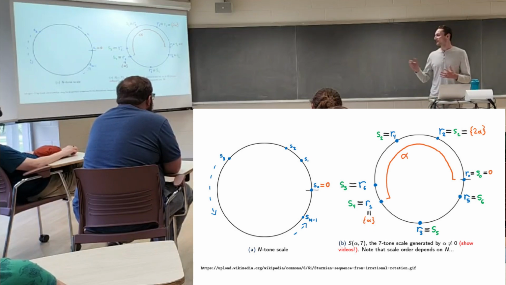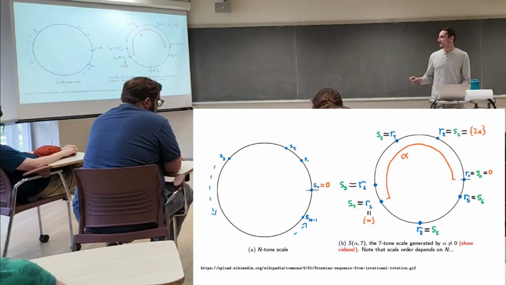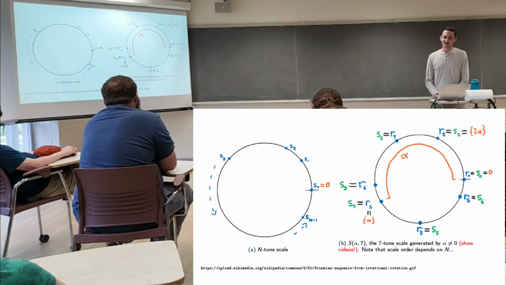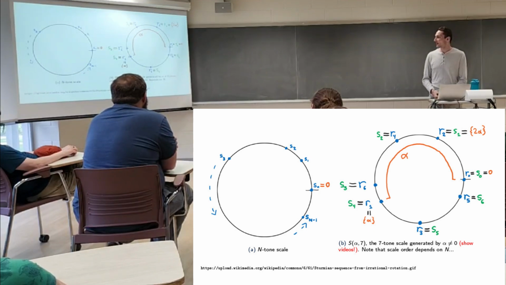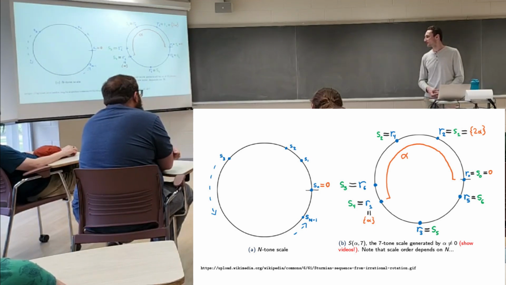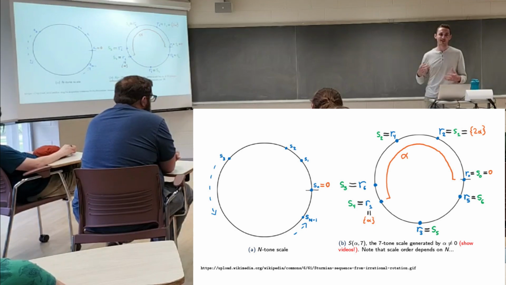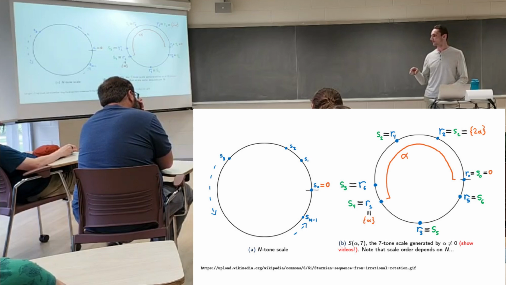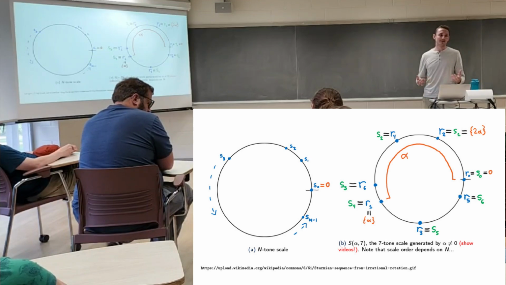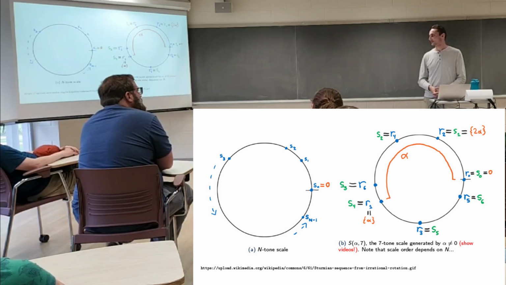On the right, we have the singly generated scale, where you can see alpha is drawn as that arc. Here we start at the pitch at 0, which we will call the origin, and we iteratively rotate by alpha to get what we call the iterates of the tuning process, and we label those with R subscripts.